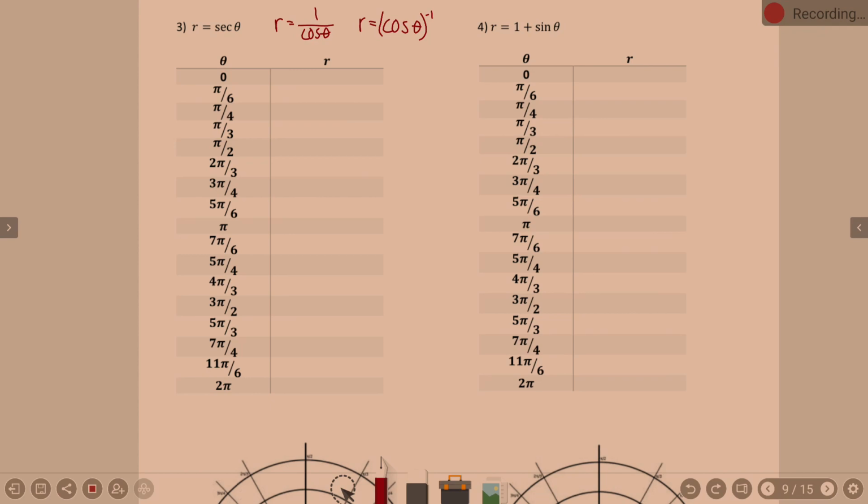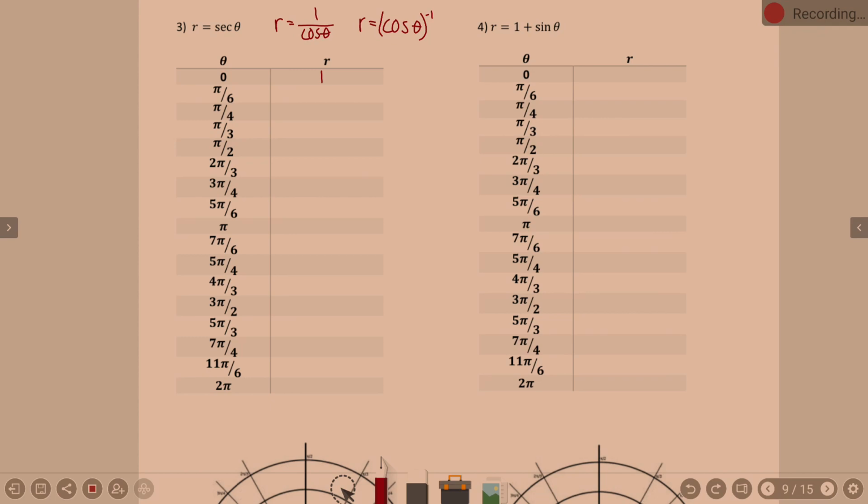So now, 0. Well, cosine of 0 and then reciprocal it. What is the cosine of 0? 1. What's the reciprocal of 1? 1.